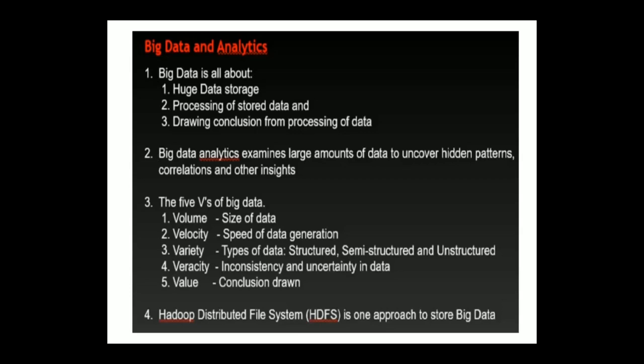Now this is about big data. Now what is Hadoop or HDFS? The Hadoop Distributed File System is one approach to store big data. We have seen a lot of data, which we call volume, and it has to be stored somewhere.